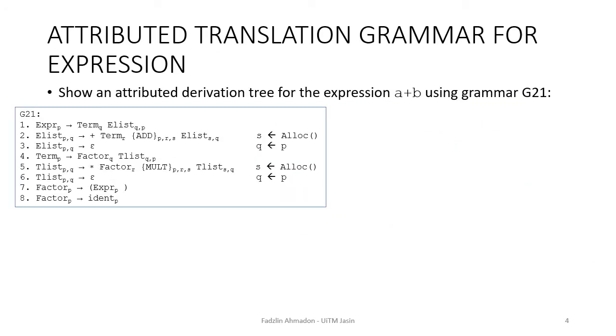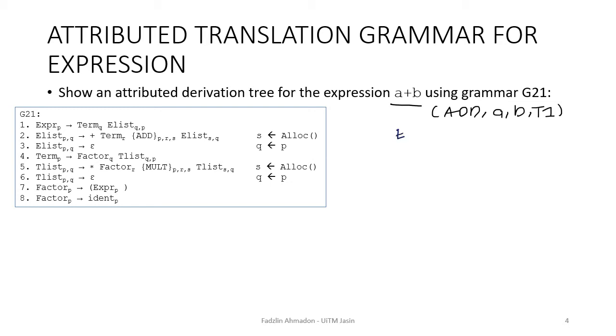Now, based on our understanding of atoms, if we have this expression, the output we should get is add A, B, T1. Now, let's see if we can produce the same output by applying grammar 21. So, I'm going to start with the starting non-terminal, and our starting non-terminal is expression.